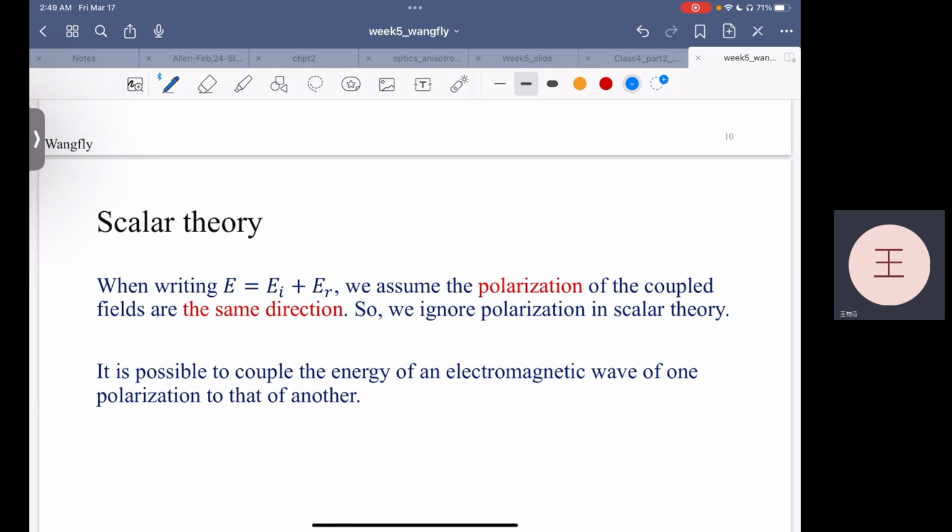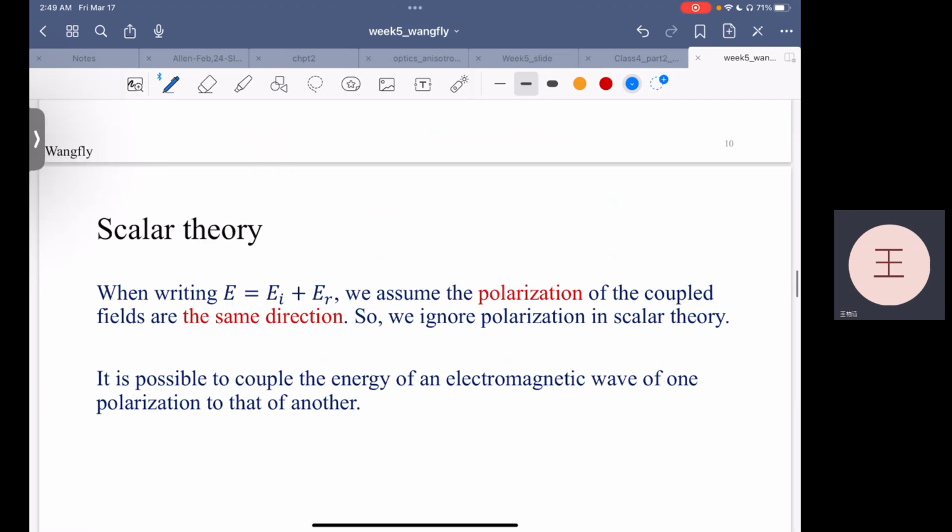And when we consider the total electric field, the incident and reflected, we assume the polarizations of the coupled fields are in the same direction. This is why we can ignore the polarization in the scalar theory, as mentioned at the very beginning.